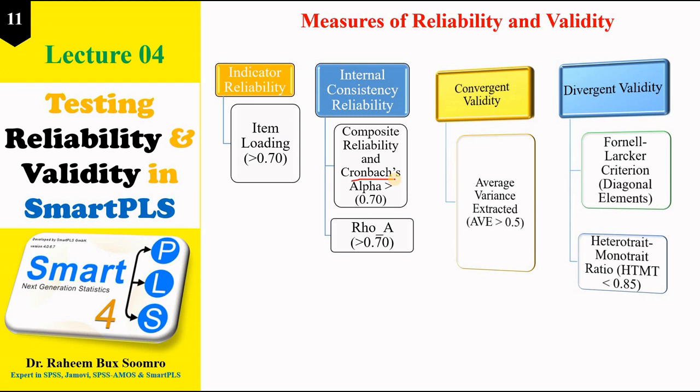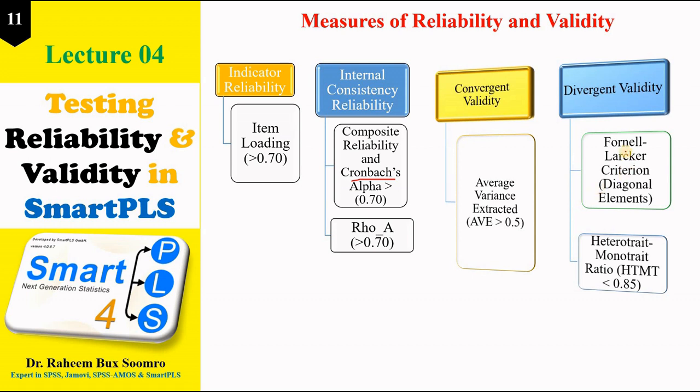Another is composite reliability, which can be measured with the help of rho A. If this value is 0.7 or higher, you should be happy that internal consistency has been achieved, which can be measured through two tools: Cronbach's alpha and composite reliability. When you talk about validity, for convergent validity, if the AVE is higher than 0.5, it means our convergent validity has been achieved. And another is the divergent validity.